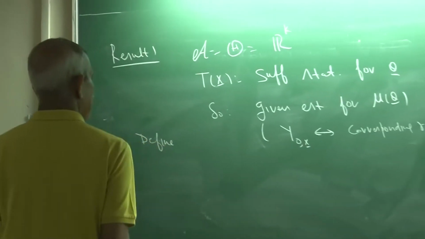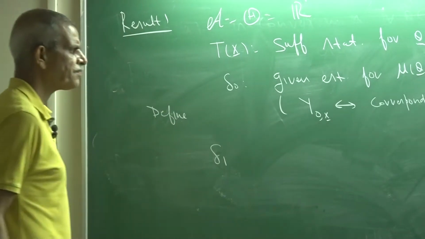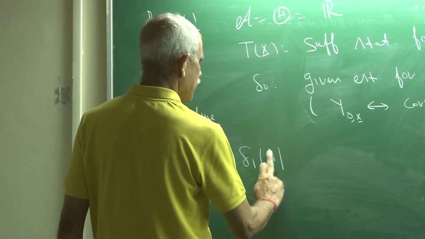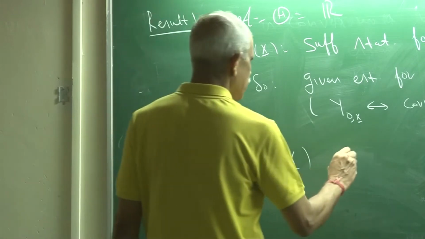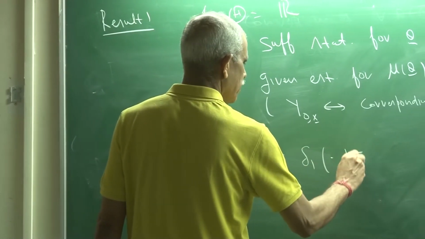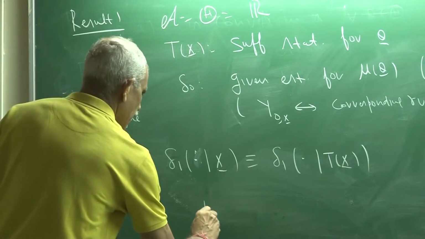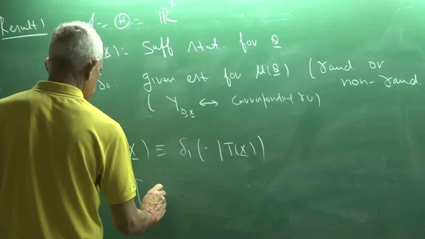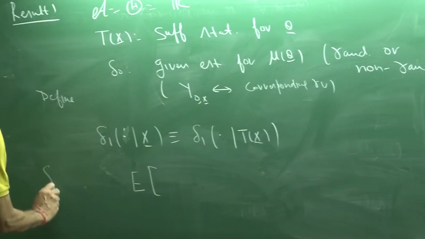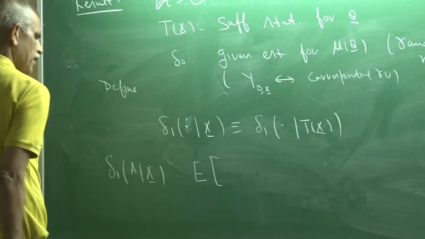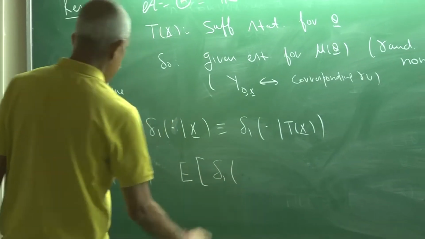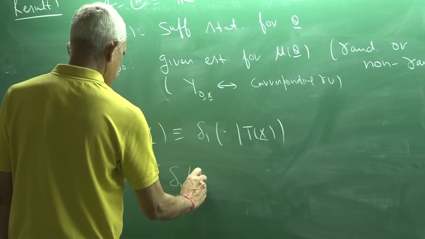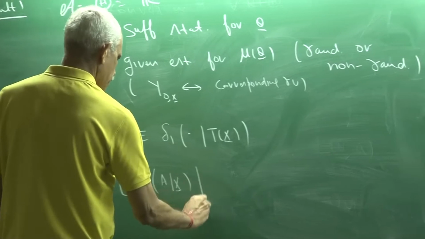So what I define is, I define delta 1 A given x, which in fact I can write down, it only depends on Tx, as expected value of, so I define delta 1 A given x as expected value of A given Tx.